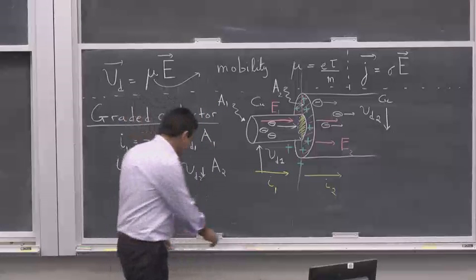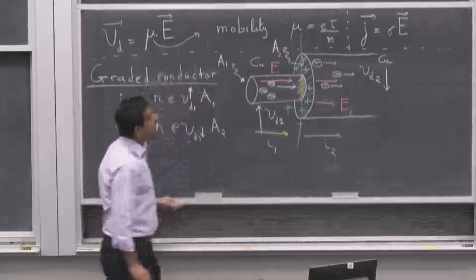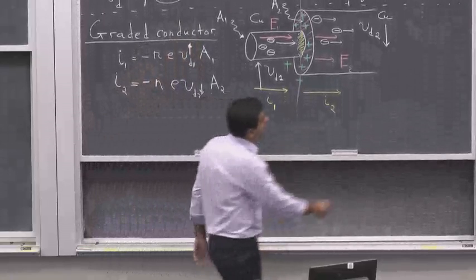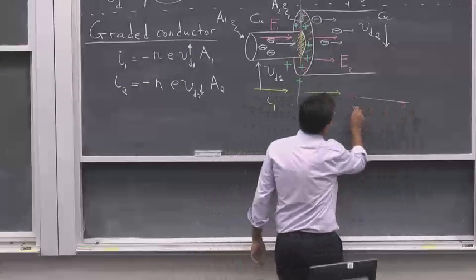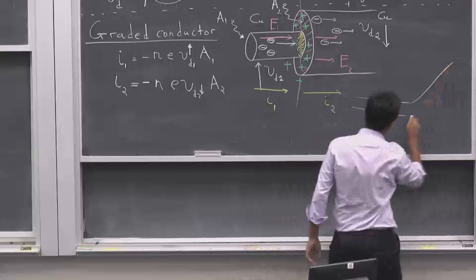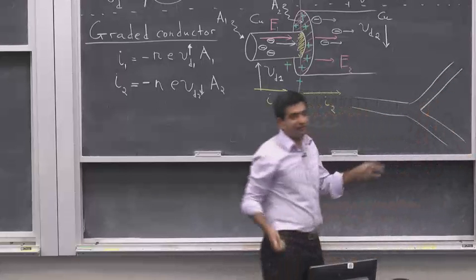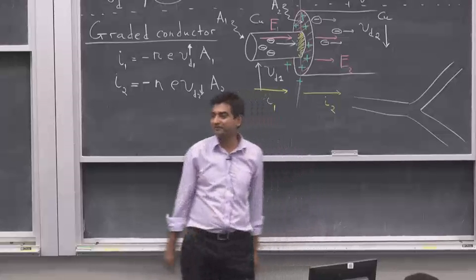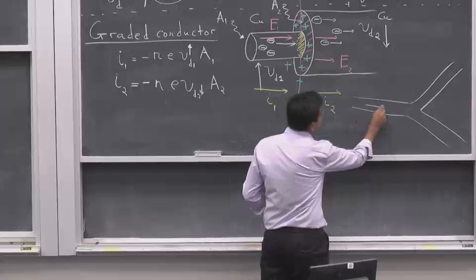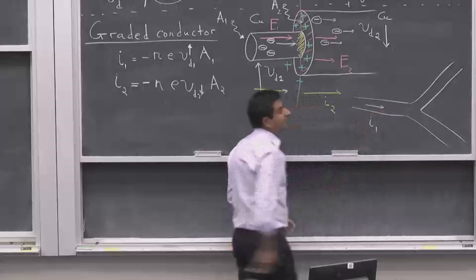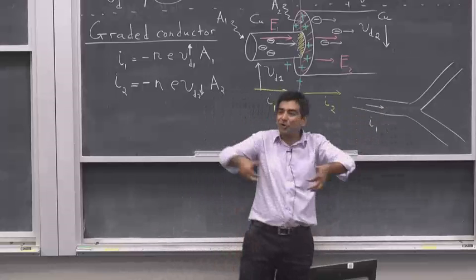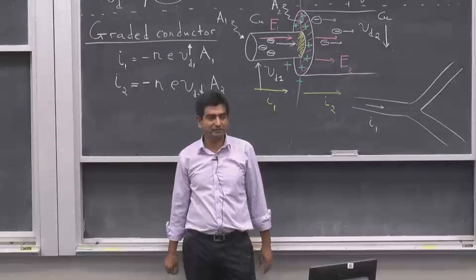Now suppose you have a scenario analogous to the graded conductor: you have a wire and then you make a junction of two wires. So you have three wires and you solder them together. Now some current comes in, I1, and these three wires all have the same cross-sectional area.